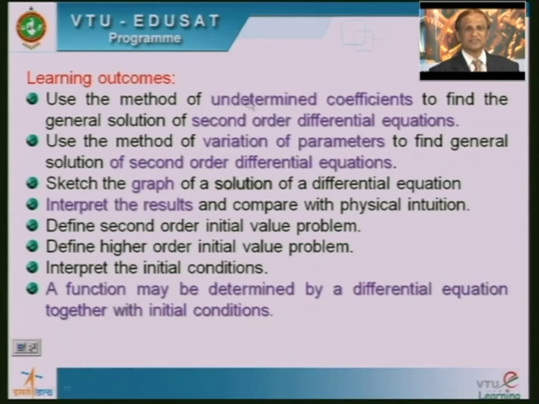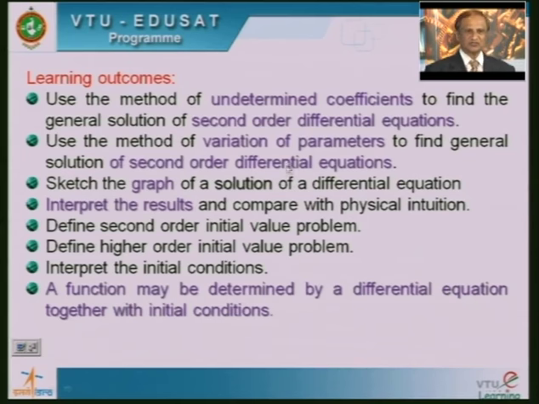So, use the method of undetermined coefficients to find the general solution of a second order differential equation, right. So, it means you want to be familiar with undetermined coefficients. It is a particular method to solve a differential equation, right. So, use the method of variation of parameters to find the general solution of a second order differential equation, right.